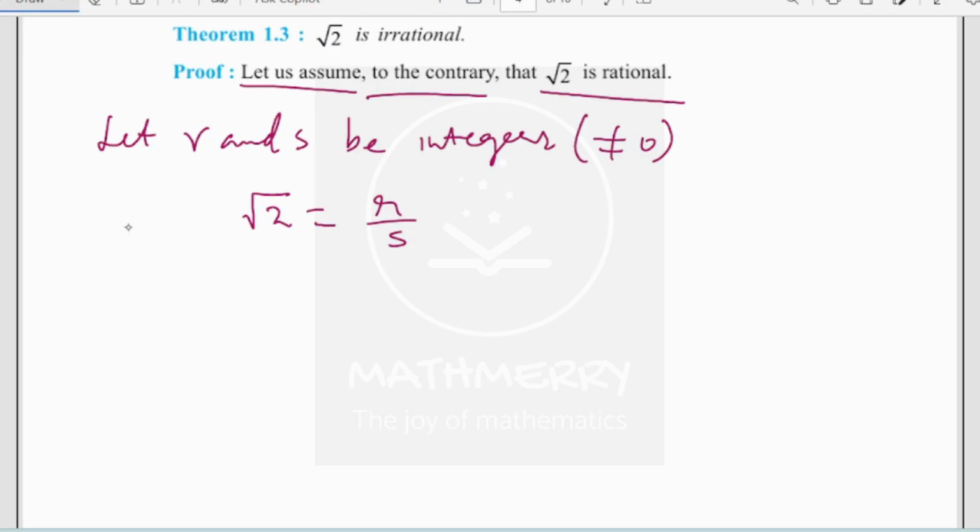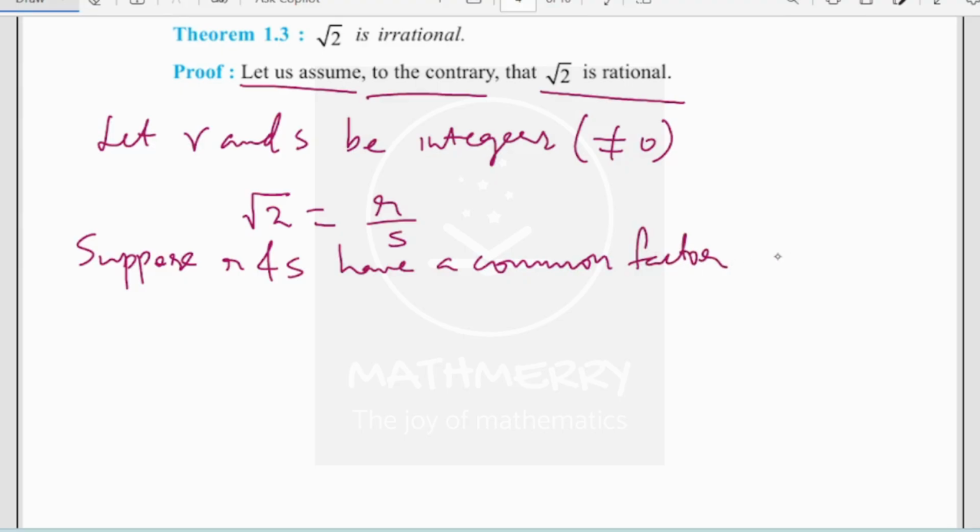Now suppose R and S have a common factor other than 1. If they have a common factor other than 1, then we divide by the common factor.